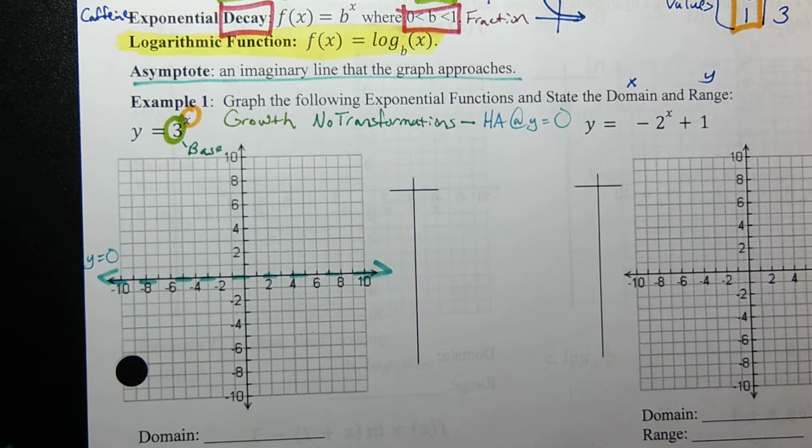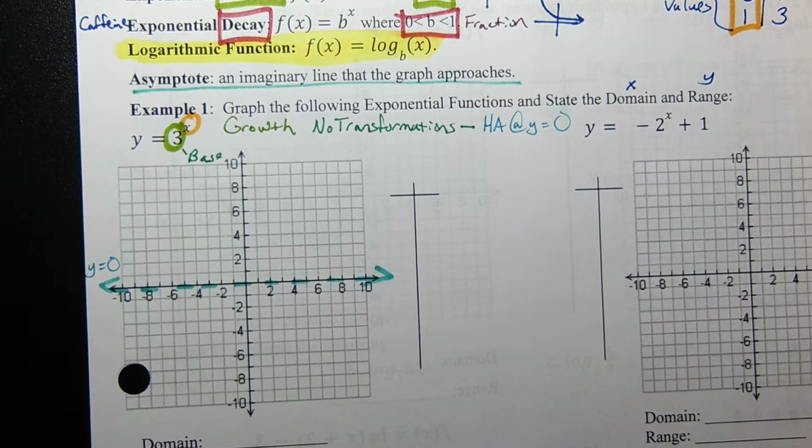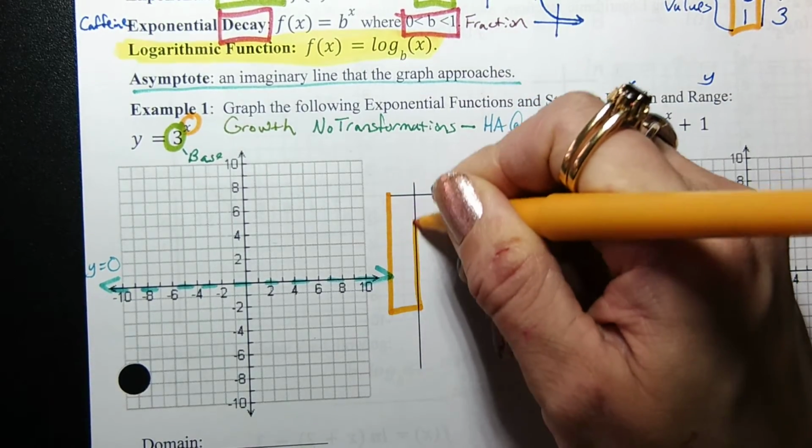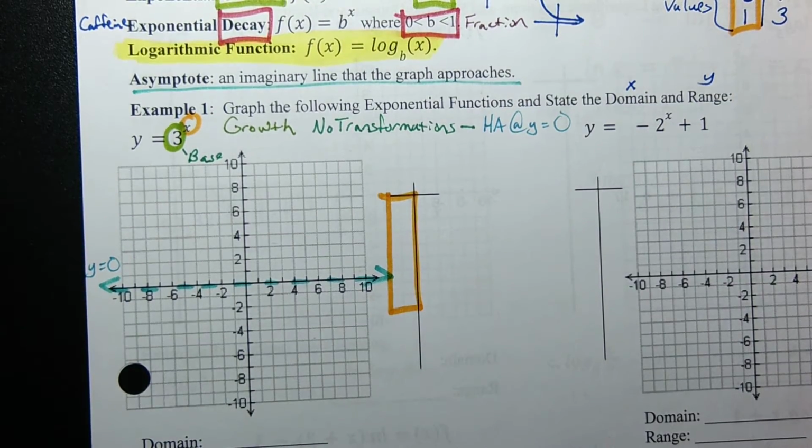Now, for our points, if you're like, I'd sure like to just grab my calculator and type it in and go to the grapher and see what it looks like, you can certainly use your grapher to check yourself, but I am going to be looking for table work on all of these on the homework. And the only thing I need to see are 3 easy points. What we want to do is choose values that make our exponent -1, 0, and 1.